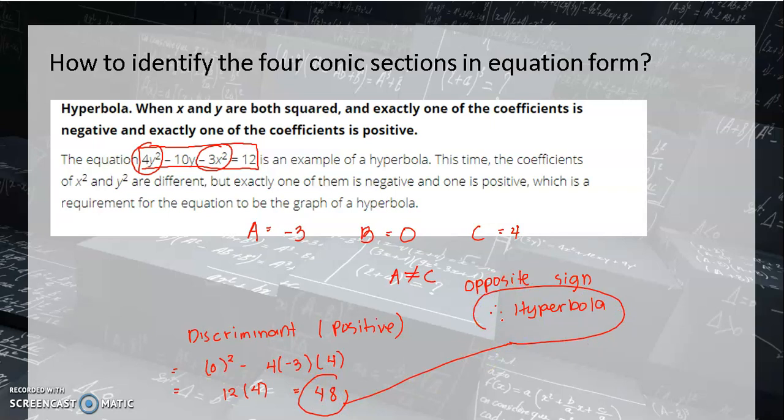Let's have additional examples. In here, we have 9x squared minus 25y squared minus 18x minus 100y minus 316 is equal to 0. A is 9, b is 0, c is negative 25. So a is not equal to c. Also, they have opposite signs.